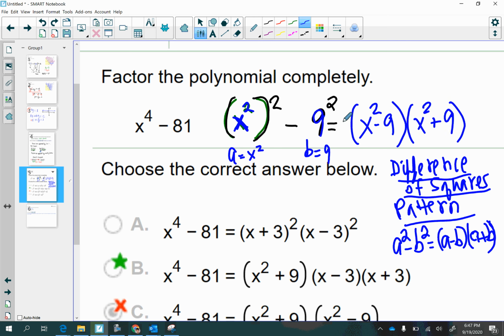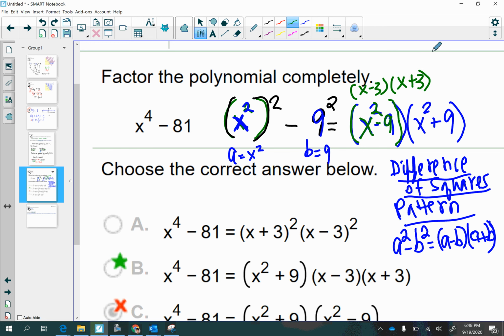Okay, but that's not all. This one right here actually turns out to also be a difference of squares, so that can factor out. What's the square root of the first term? That's x. What's the square root of the second term, or not the whole term, but just the 9 part? That's 3. So I can rewrite that little part as x minus 3 times x plus 3.